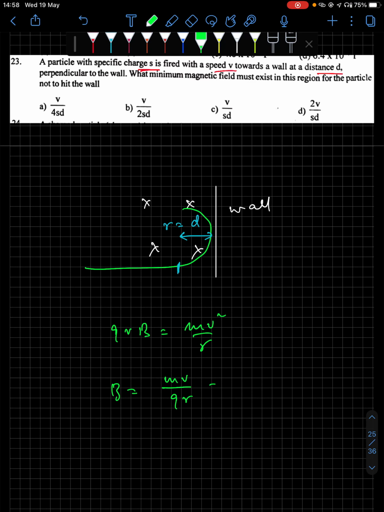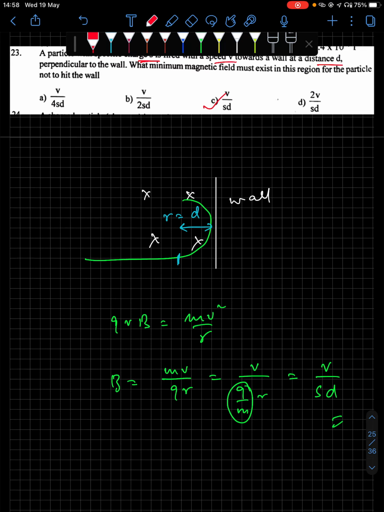So V by Q by M, this M is taken in the denominator, and into R. Now this Q by M is the specific charge, so V by SR. And what is the value of R in our diagram? It is D. So V by SD is the answer. So that is option number C. Next, question number 24.